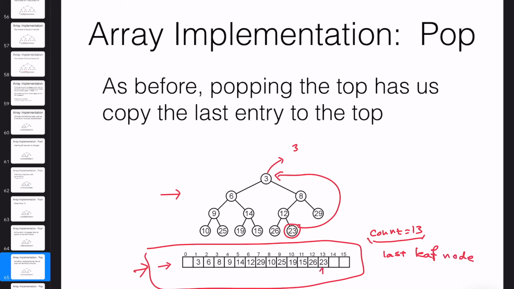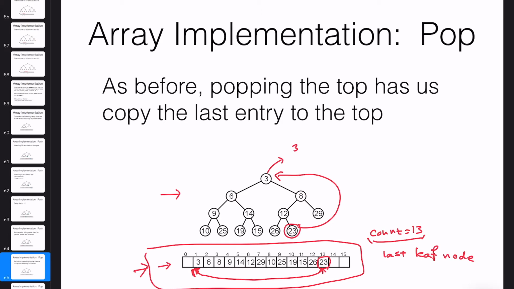So I need to look at this index 13. I need to copy it to the root index, where the root has been stored at index 1. So the first thing that I need to do is copy that value to index 1.